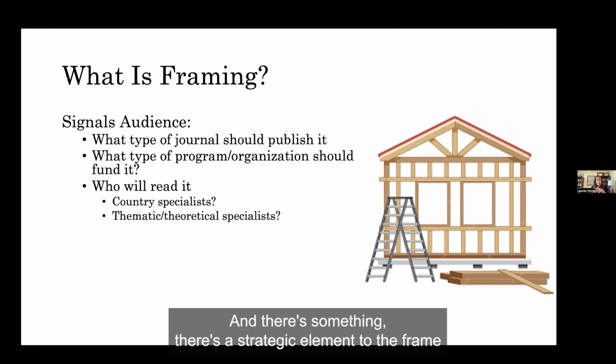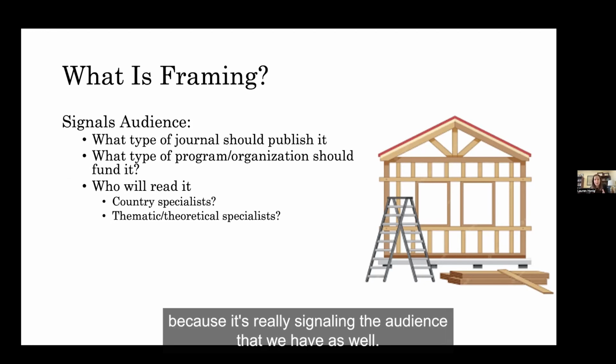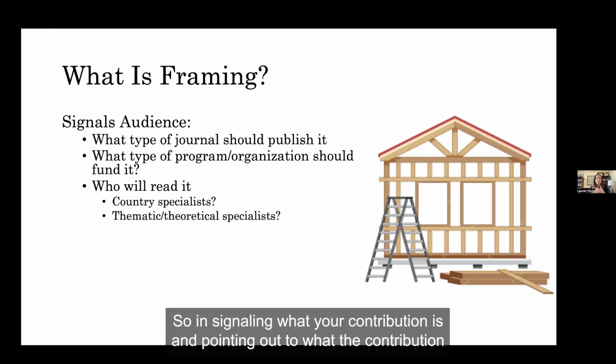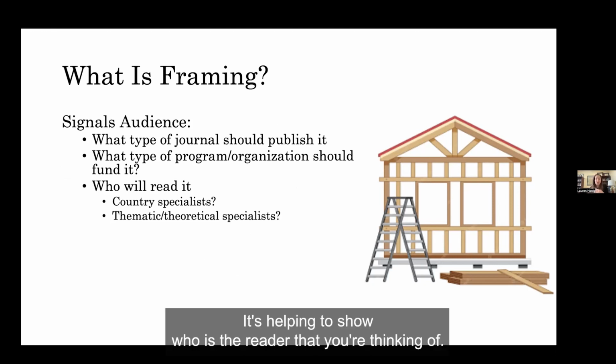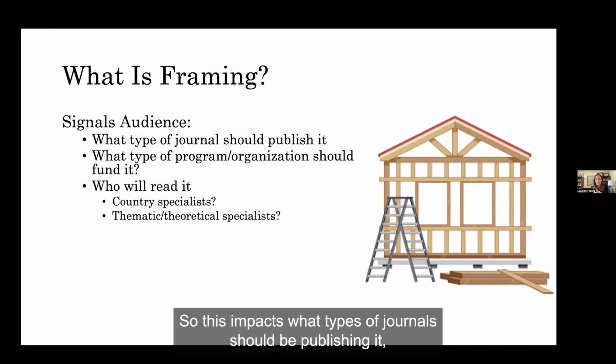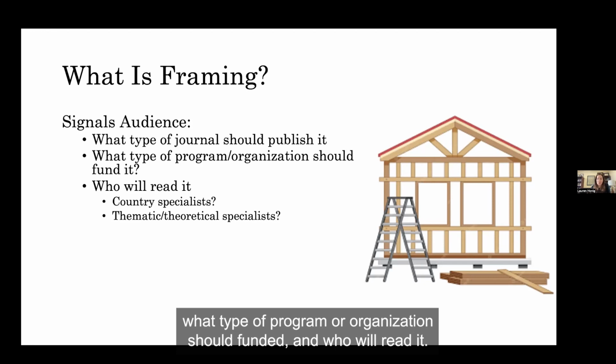And there's a strategic element to the frame because it's really signaling the audience that we have as well. In signaling what your contribution is, it's helping to show who the reader is that you're thinking of. So this impacts what types of journals should be publishing it, what type of program or organization should fund it, and who will read it.